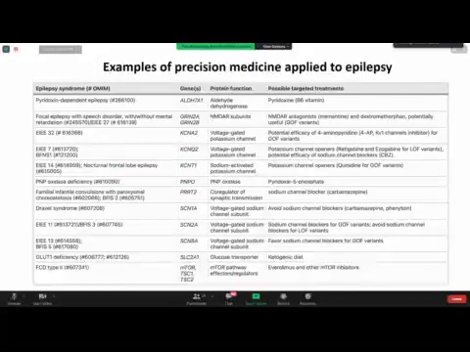But the drugs that we are taking either block the sodium channel, or change GABA, or block calcium. But if the mutation is not in GABA or in calcium or in sodium channel, if the mutation is somewhere else, you cannot treat it with the same drug.